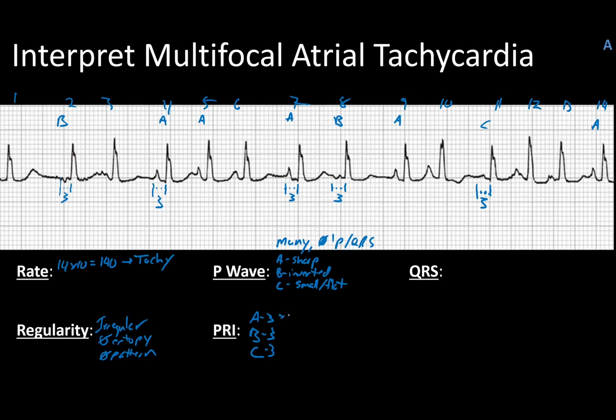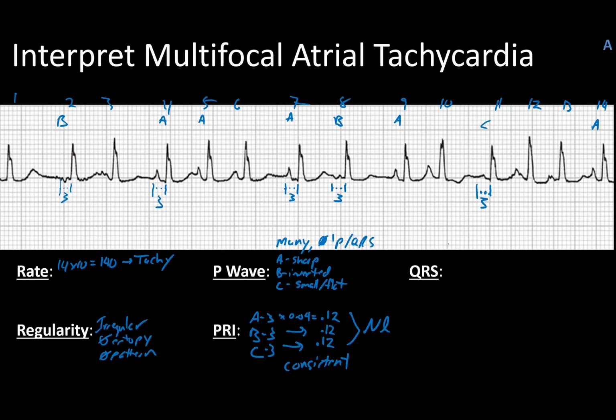You take that times 0.04 and you get 0.12. We've measured that they're not only consistent with themselves, each A has the same PRI, but A, B, and C all also have the same PRI. That's just good information to know, especially since all of it is normal.